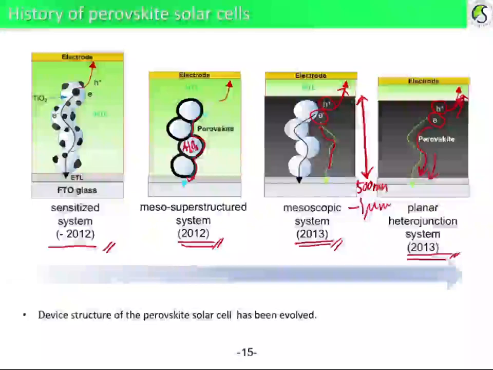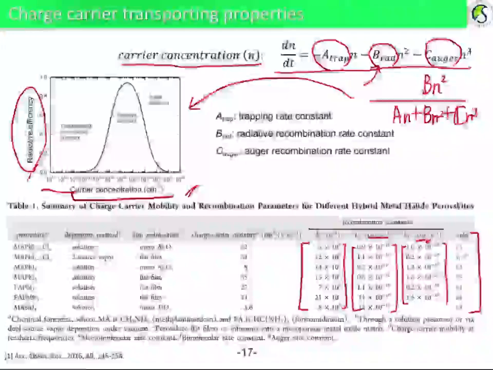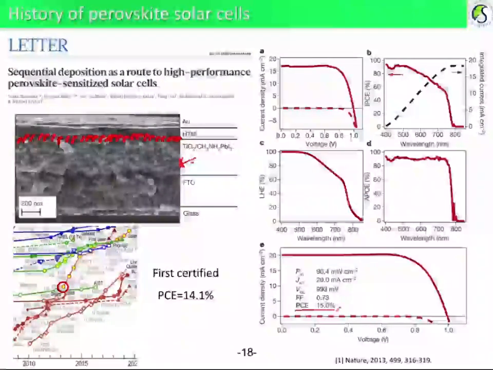As you see in this structure, the electron can transport both through the titanium dioxide layer as well as the perovskite crystal itself. And the hole should transport through the perovskite layer to reach the hole transporting layer. Based on this device structure, they were able to achieve a device efficiency as high as 15%.